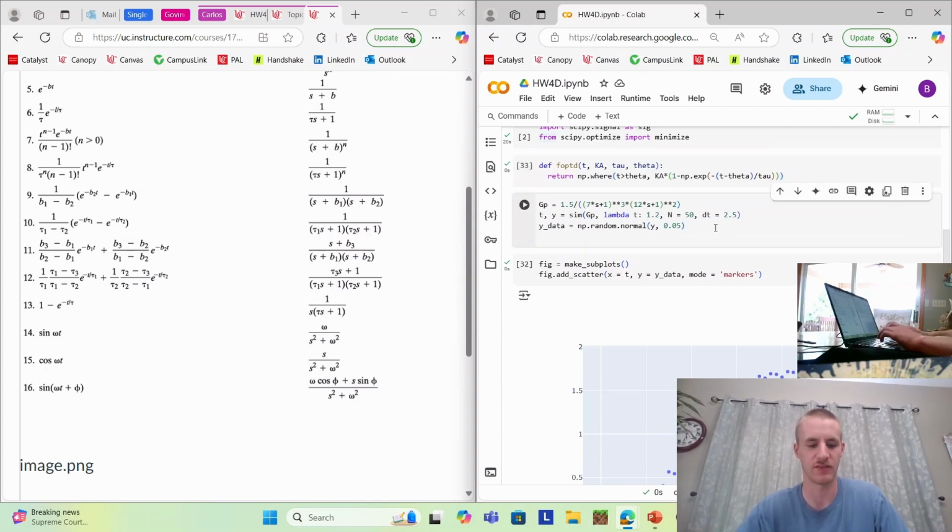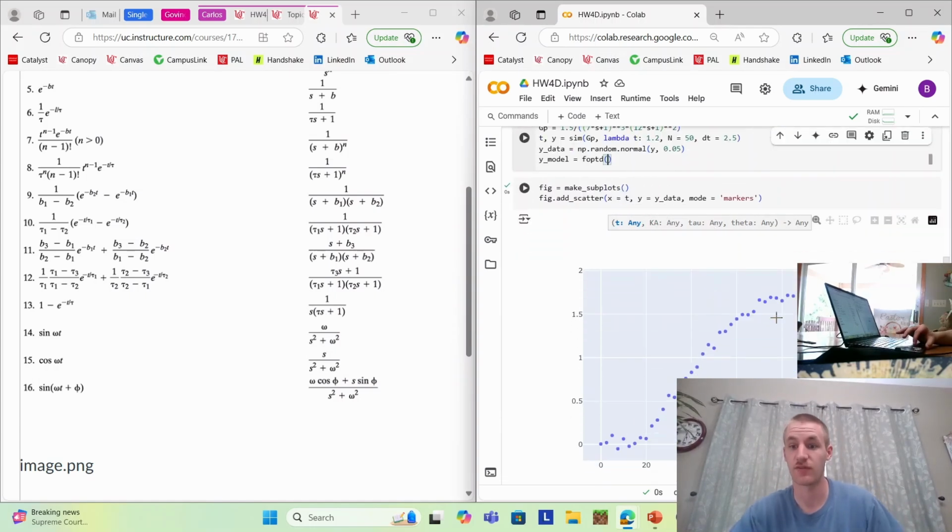And then we can go ahead and do a model. The y model equals FOPTD. We'll actually have to look at what this looks like. Our final value up here is looking around 1.8. Down here, we start moving at maybe 15.